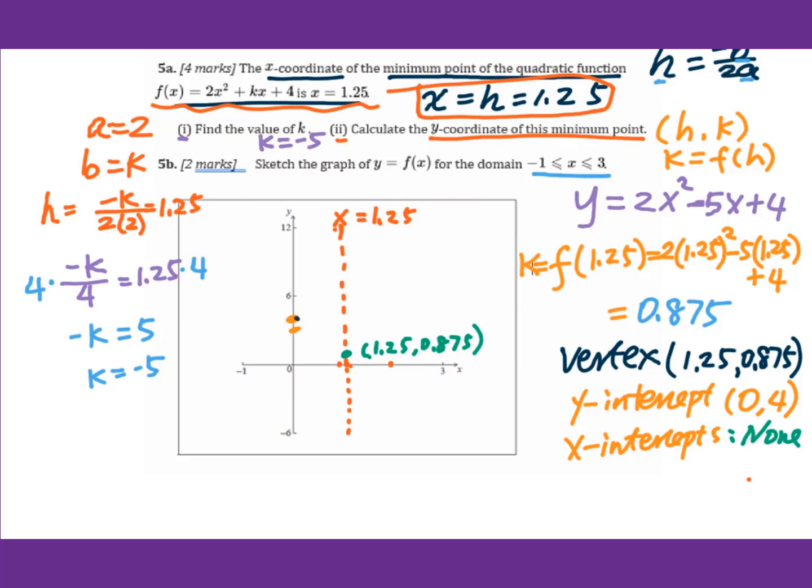According to the symmetric line, I can get this point. Make sure this is the same distance. Then you connect these 3 points. That's it.